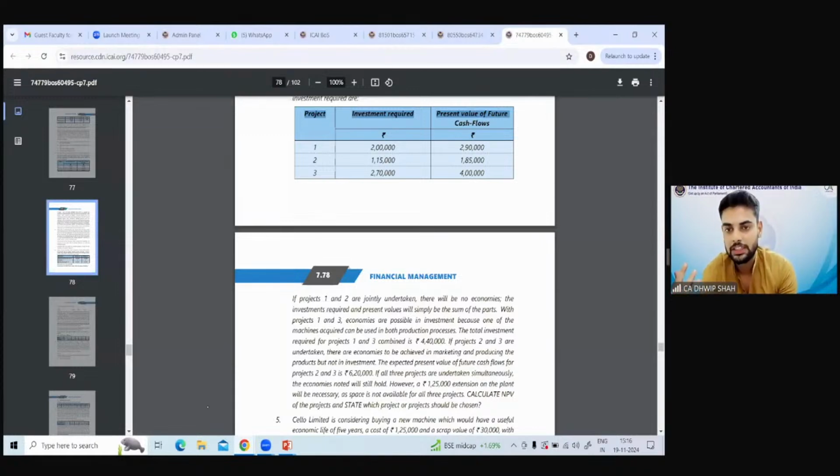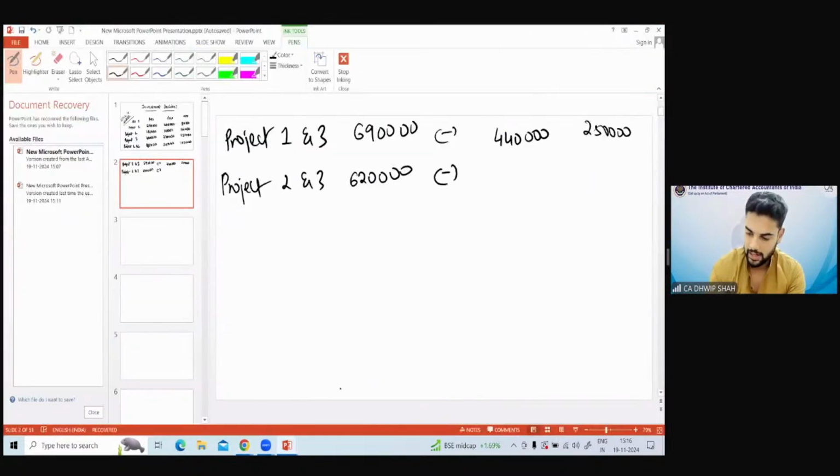So in other words, when project 2 and 3 are taken together, there would not be any savings in investment amount. So it would simply be the sum of 2 and 3 projects' investment cost. In other words, it is nothing but 115 plus 270, which comes to 385. So my NPV comes to 235.